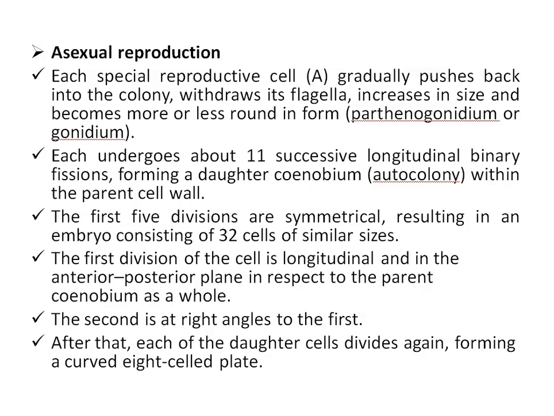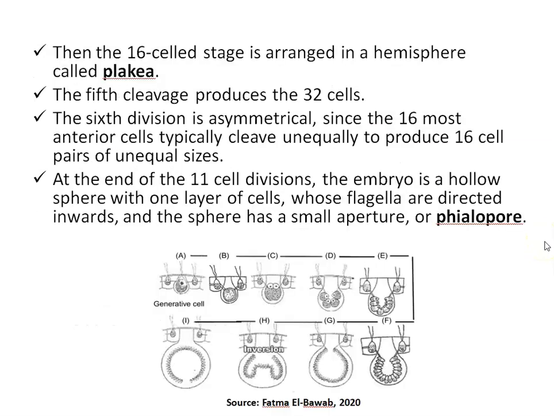The first division of the cell is longitudinal and in the anterior posterior plane in respect to the parent coenobium as a whole, and the second is at right angle to the first. After that, each of the daughter cells divides again, forming a curved plate. You can see here, this is E diagram.